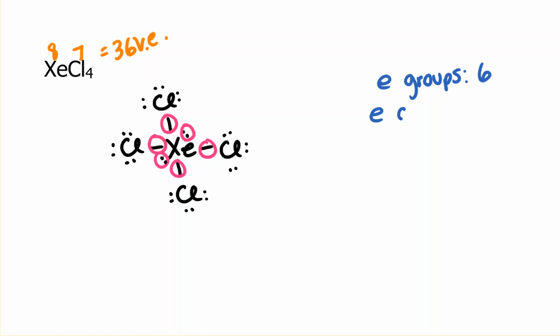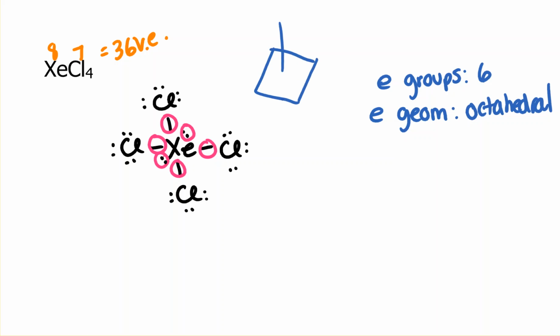So the electron geometry with 6 groups is going to be octahedral. Octahedral is the shape that's kind of a square with 1 up and 1 down. On this one, so here's our central atom.